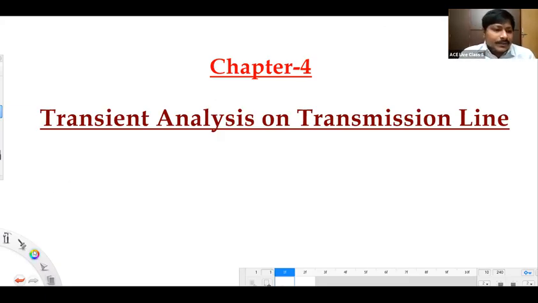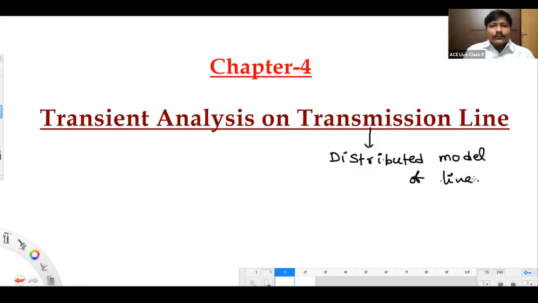Transient analysis on the transmission line means we have to consider only the distributed model. We have to take this as a distributed model of the transmission line.